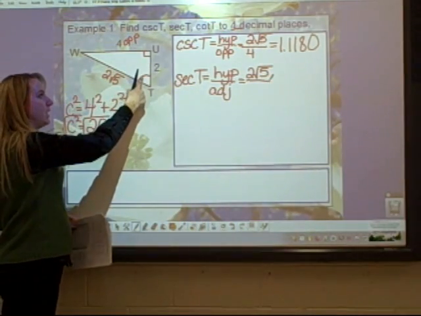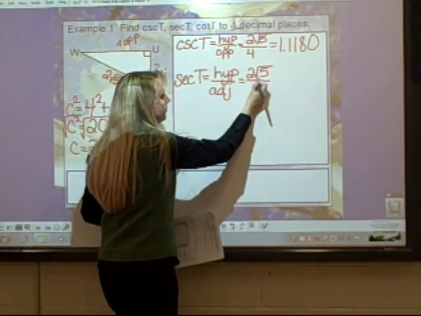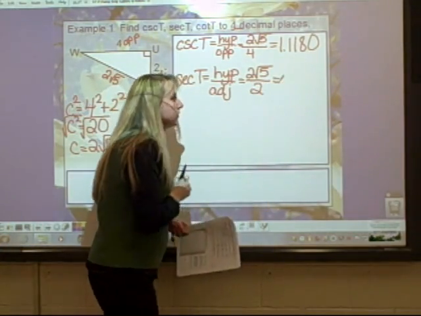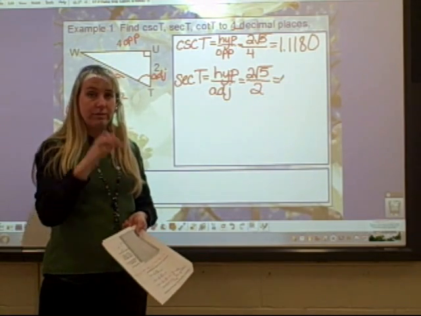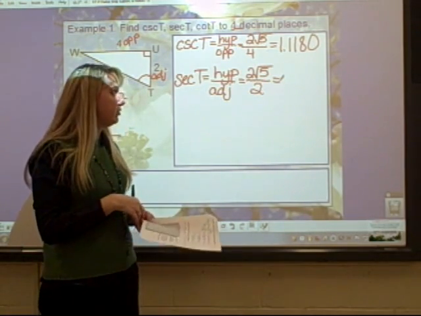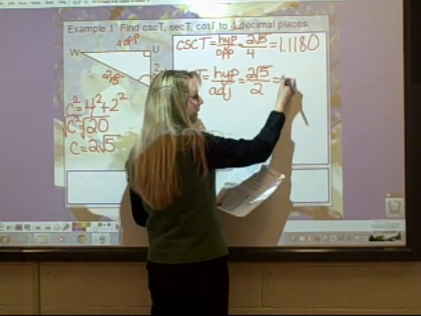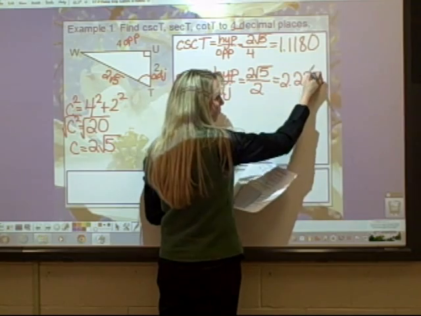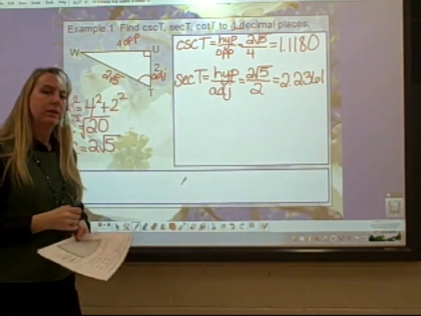And from t, the adjacent would be the 2. So then in my calculator, I'm going to take 2 times the square root of 5, hit equals, and then divide by 2, or the square root of 20 divided by 2. And we get 2.2361, rounded appropriately to 4 decimal places.